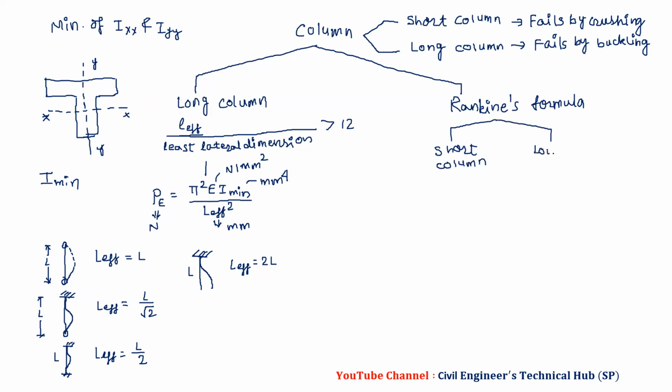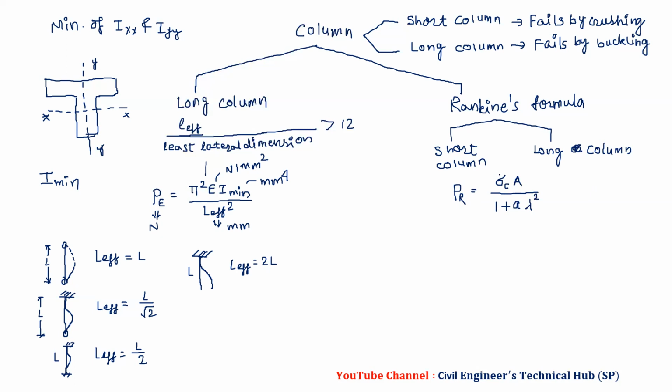So we can use this formula for both types of columns. Now we have PR that is equal to sigma C into A divided by 1 plus a into lambda square.